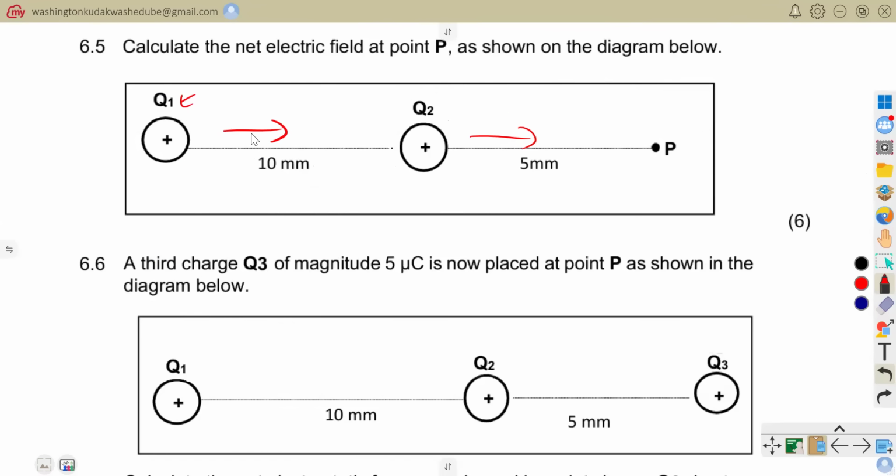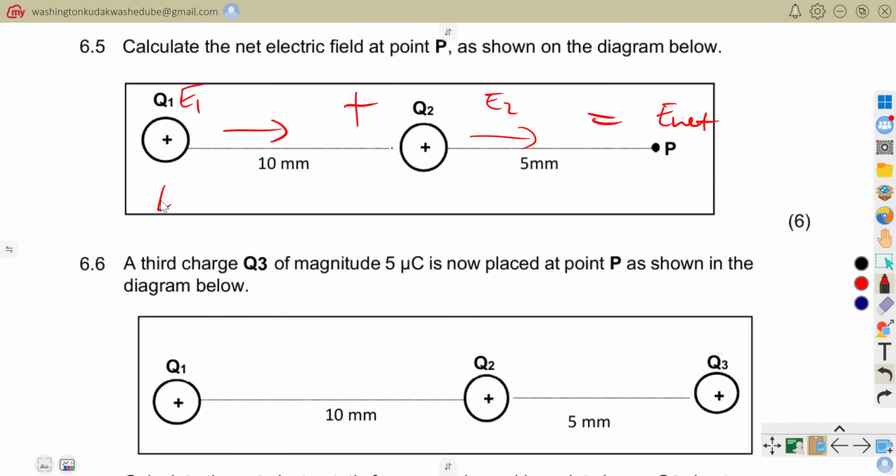That is to say, the force due to Q1 will be repelling this, the force due to Q2 will be repelling that. So the electric field E1 here would be in that direction. E2 here would be in that direction. And for me to find the net resultant electric field at this point, it will be due to Q1 and Q2. I will have to add because they are all directed in the same direction. They are all having the same effect.